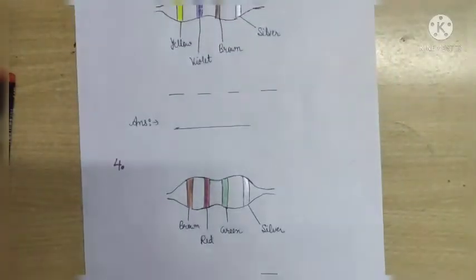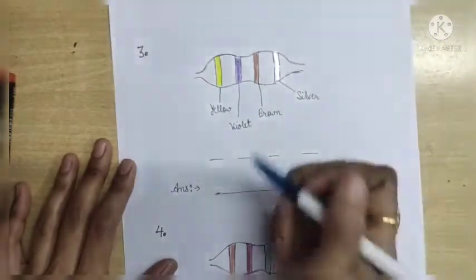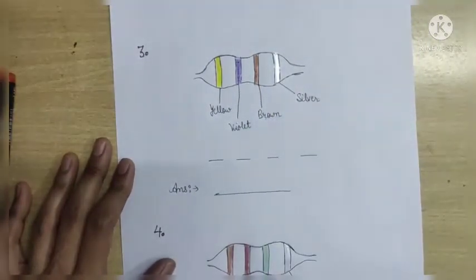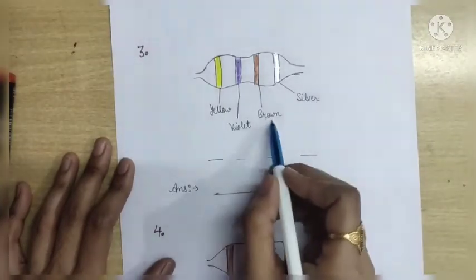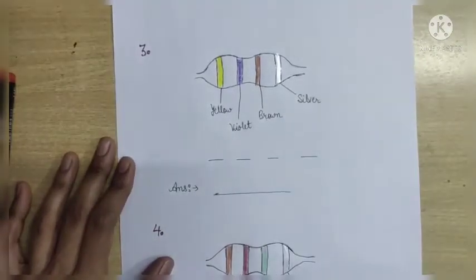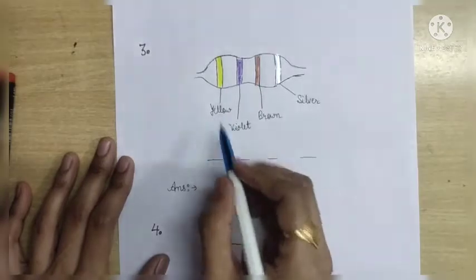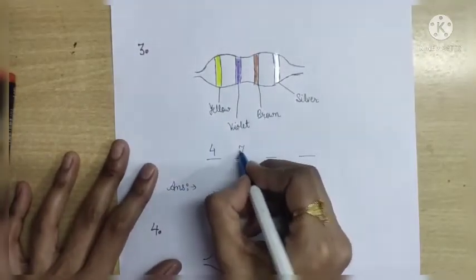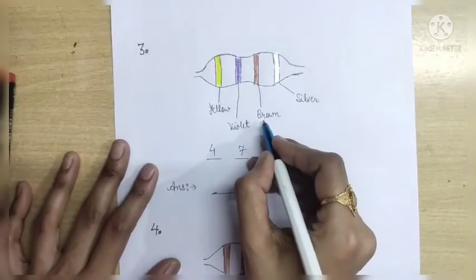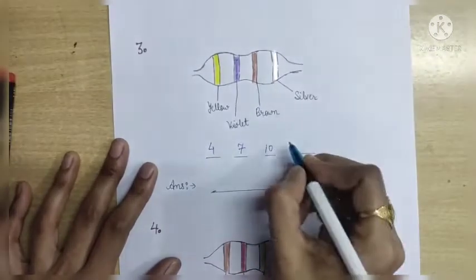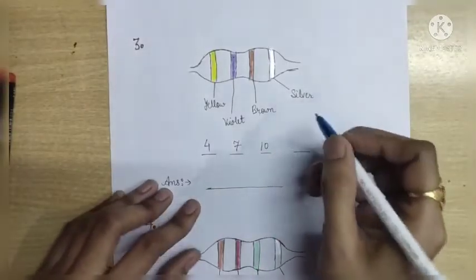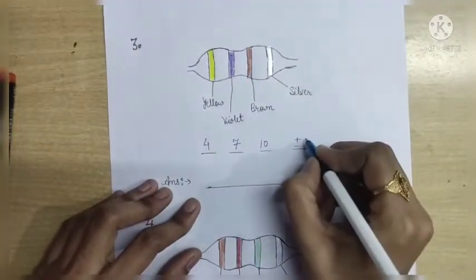Now we have our third example, in which the colors are yellow, violet, brown and silver. For yellow, first band, the value is 4. For violet, the value is 7, and for brown, the value is 10 raised to power 1, that is 10, and for silver it is plus minus 10%.